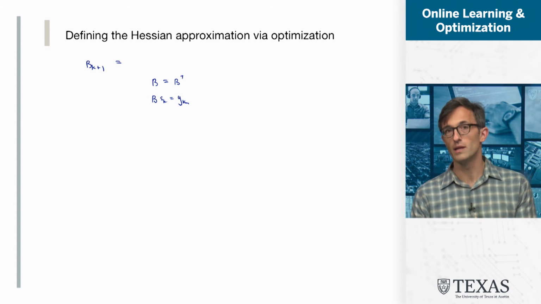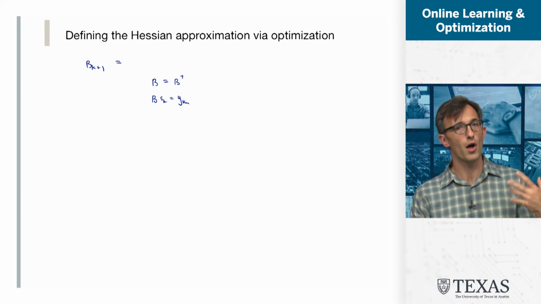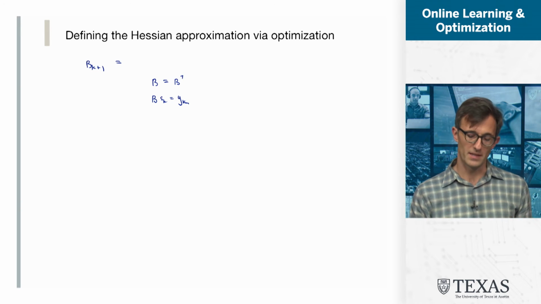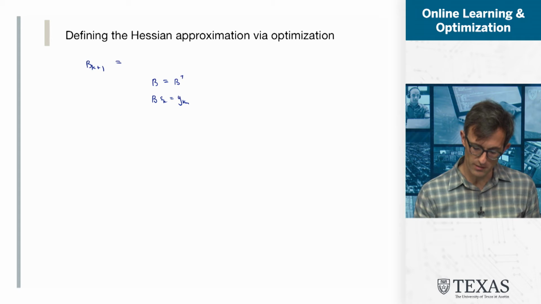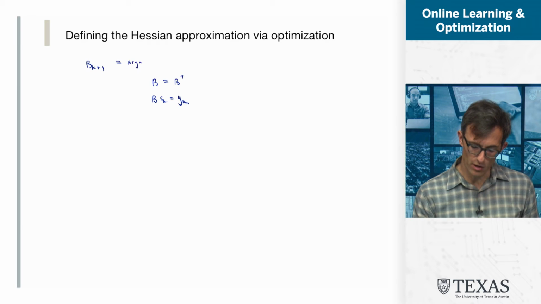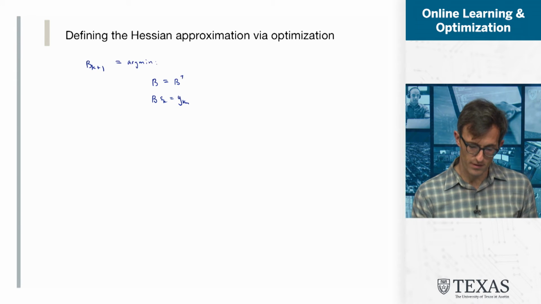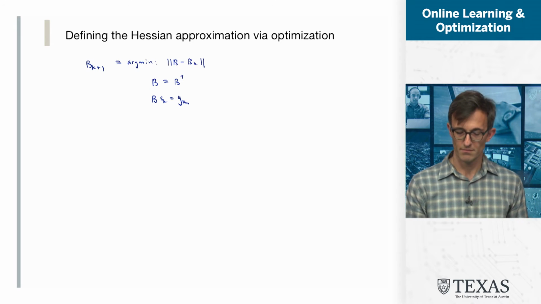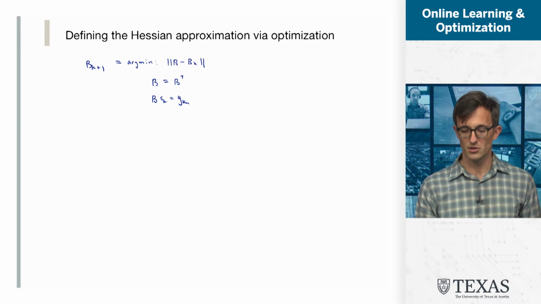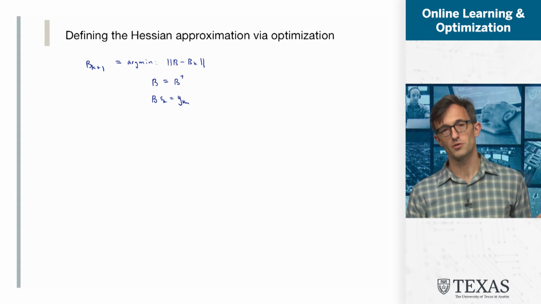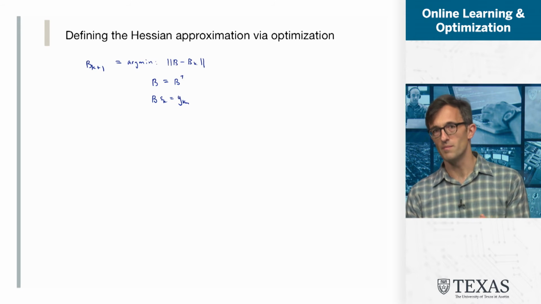As I said, this still leaves many degrees of freedom, and I'm going to resolve all of those just by using optimization. So B_{k+1} will be the argmin of the norm of B minus B_k subject to these constraints. This is basically just saying: please find something as close as possible to the previous iterate, B_k.